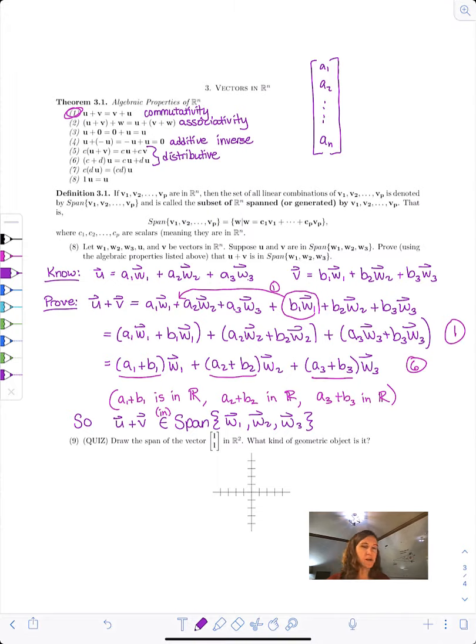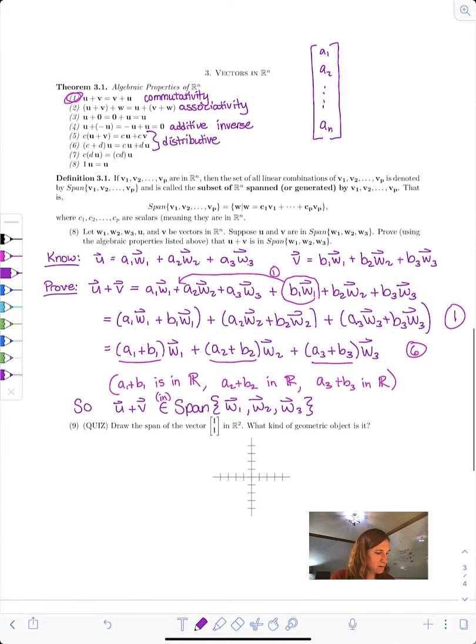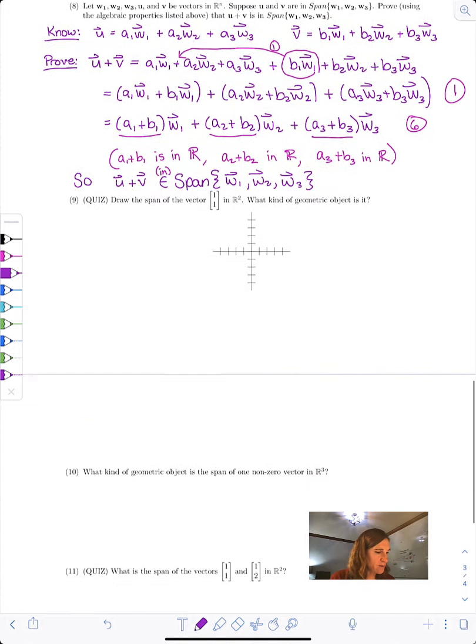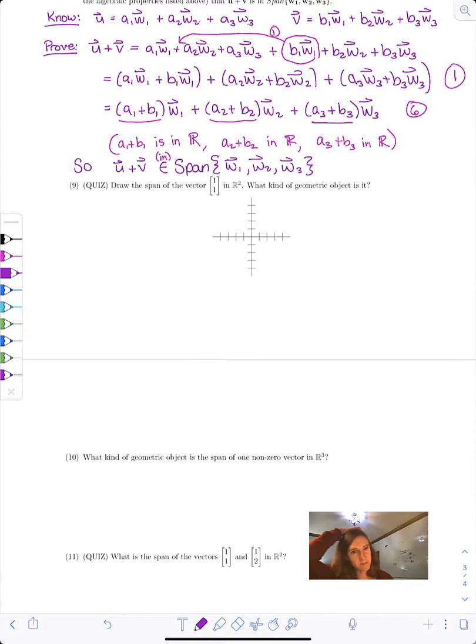Okay, so our next quiz question asks you to draw the span of the vector 1, 1 in R2, and then it just asks what geometric object this is. So hopefully you felt pretty comfortable about the span of one line.